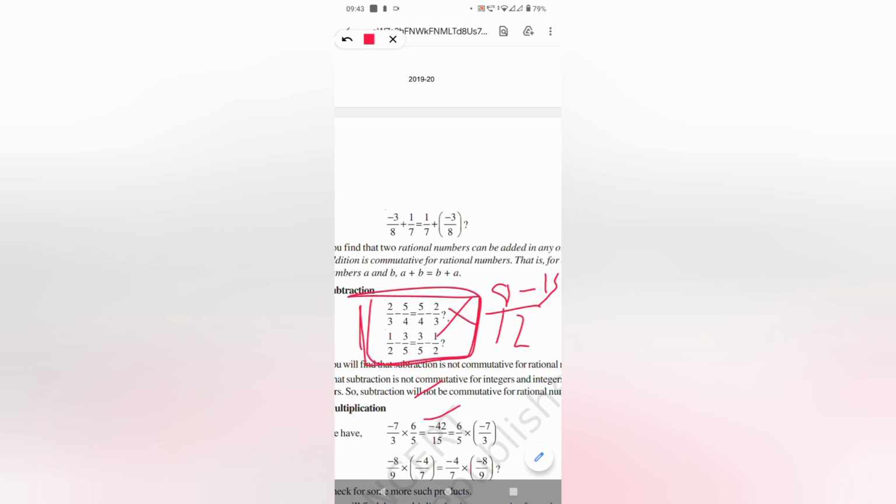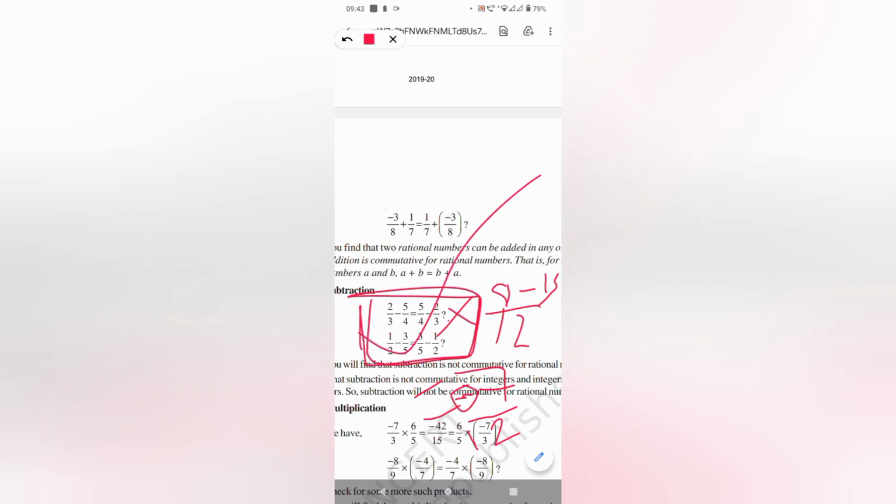It is 7 by 12. No, not only 7 by 12, it's minus 7 by 12, because when we do subtraction, the greater number's sign comes before it, we put that only.